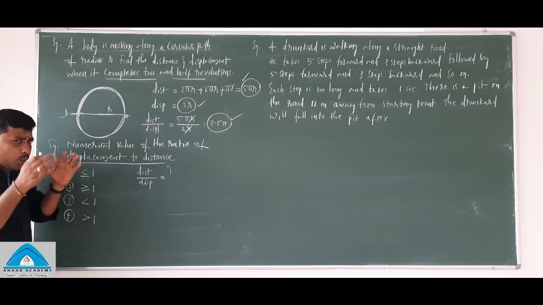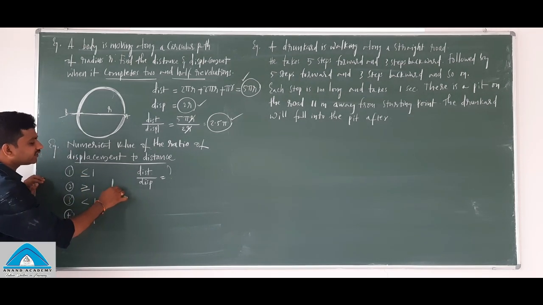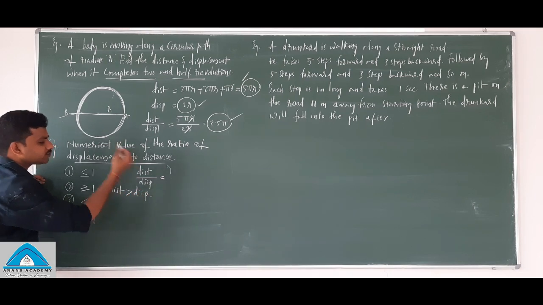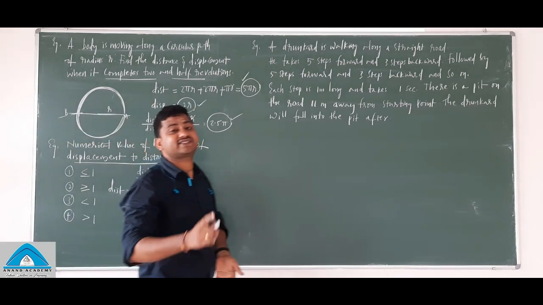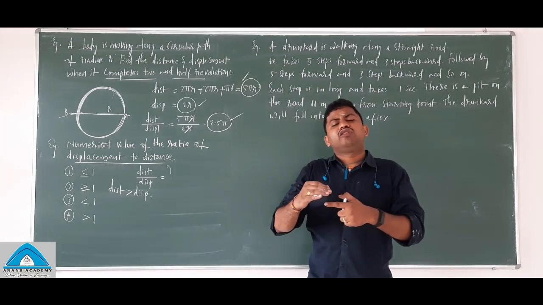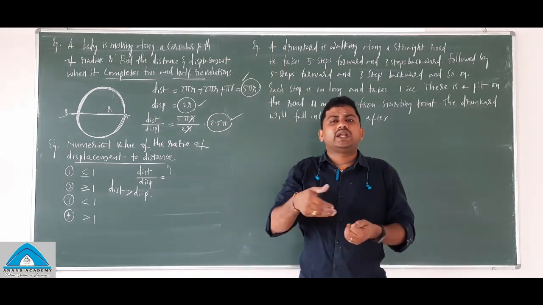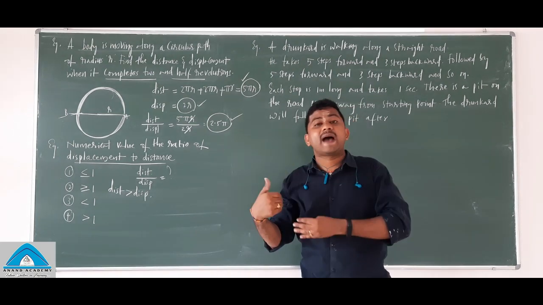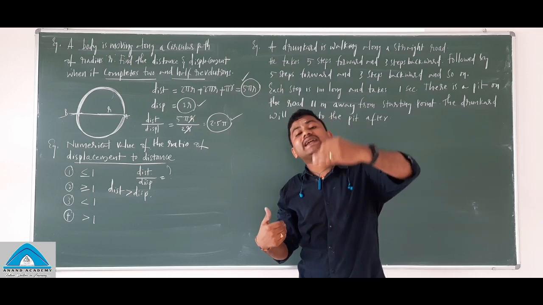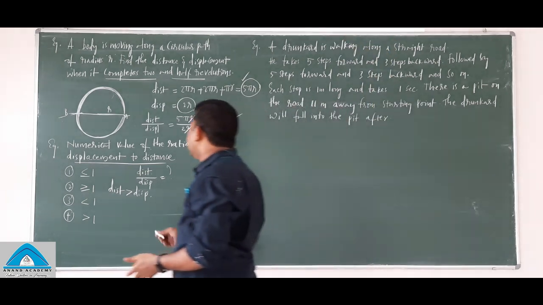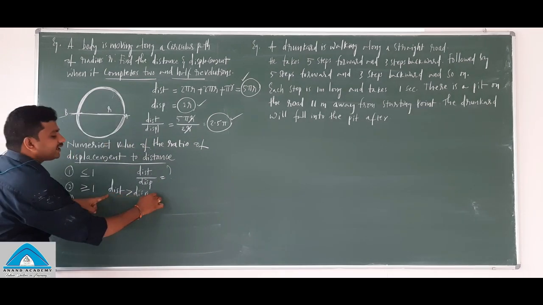So what was the situation in the theory we have discussed? Distance is always greater than the displacement. Yes or no? When the body is moving in a straight line and coming back, distance will be increasing and displacement will be decreasing, right? So that's why distance is greater than displacement.